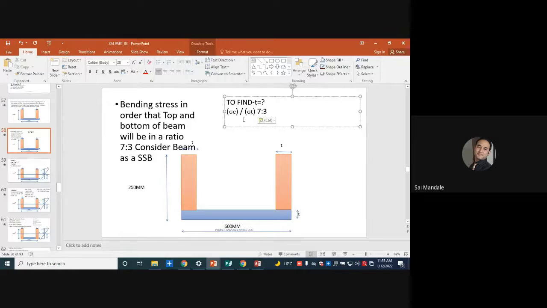Sigma C divided by sigma T is equal to 7:3 is given to us. Very good. So these things are given to us.